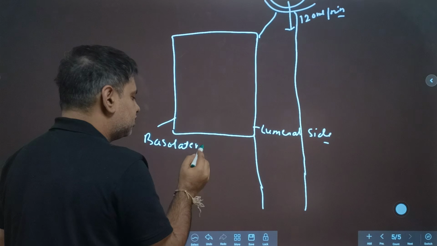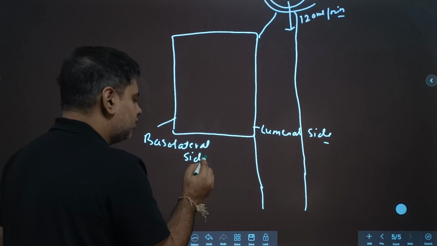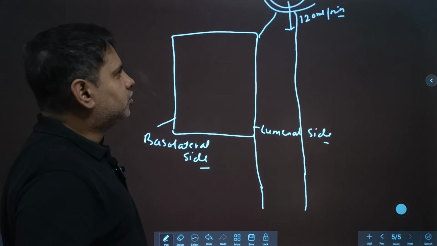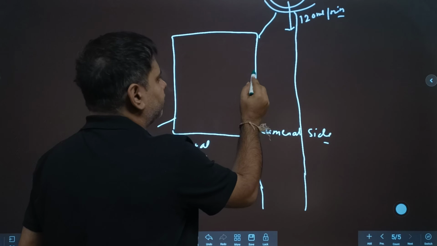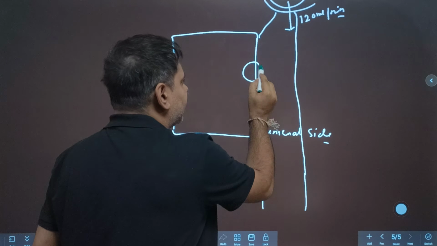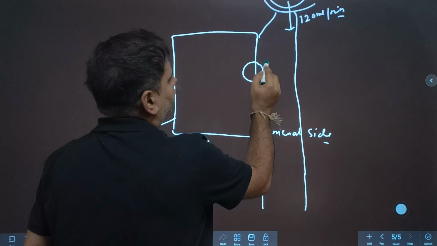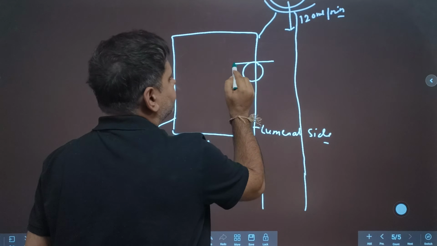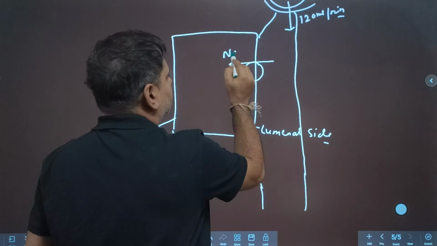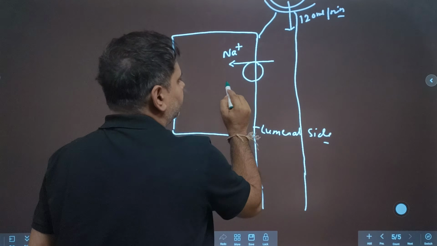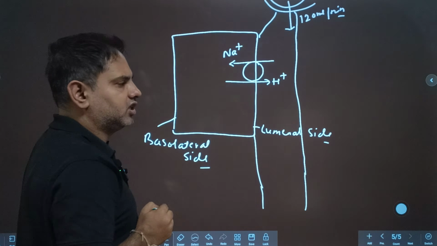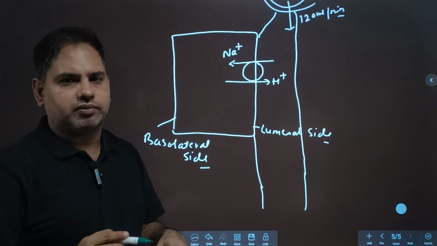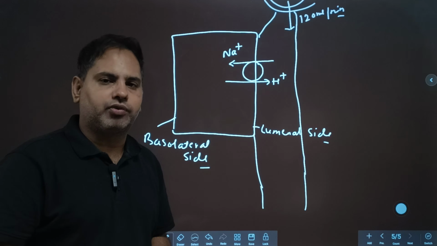What happens in the proximal convoluted tubule: there are channels for sodium reabsorption, and sodium and hydrogen are exchanged. So this is called an antiport system. There is a symporter or antiport.